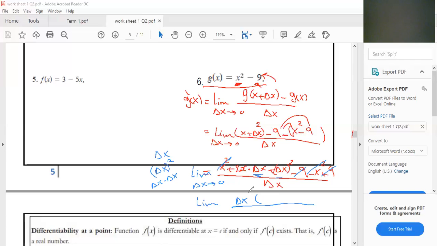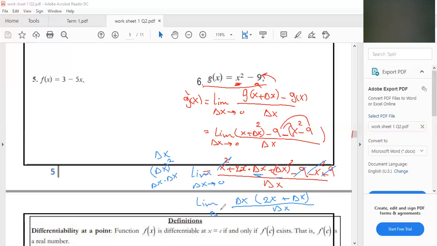Consider delta x as h. You can write it using h. If you are confused by using delta x, use h, no problem. Consider delta x, all of it, as representing one value. Taking delta x as a common factor, it will be 2x plus delta x, over delta x.